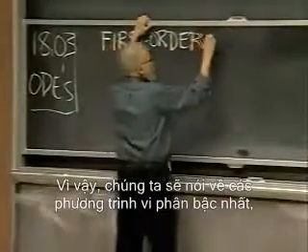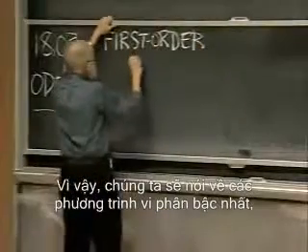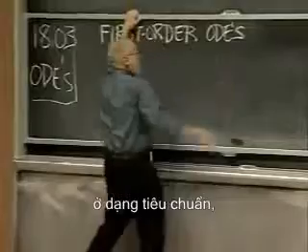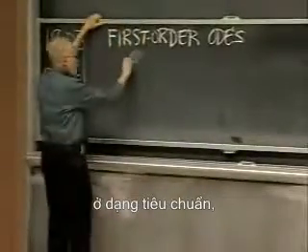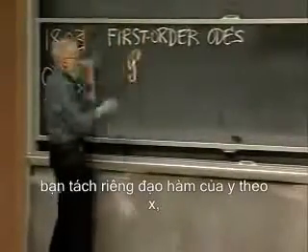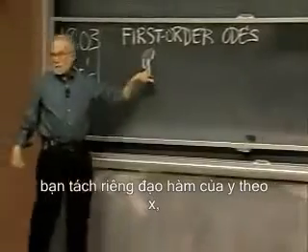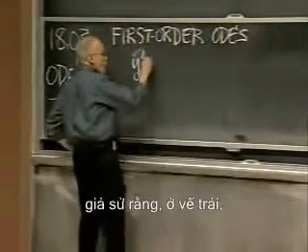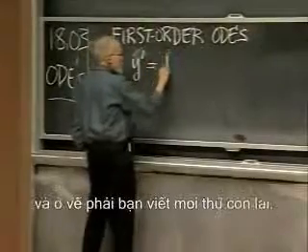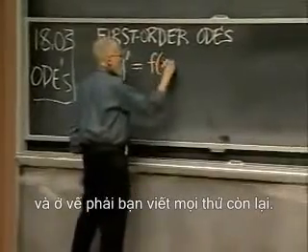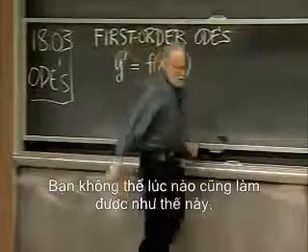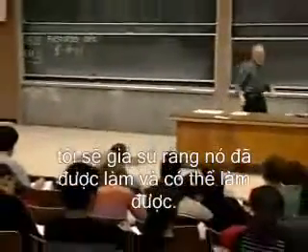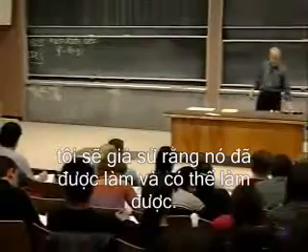So we're talking about first order ODEs, which in standard form are written, you isolate the derivative of y with respect to x, let's say, on the left-hand side, and on the right-hand side, you write everything else. You can't always do this very well, but for today, I'm going to assume that it has been done and it's doable.